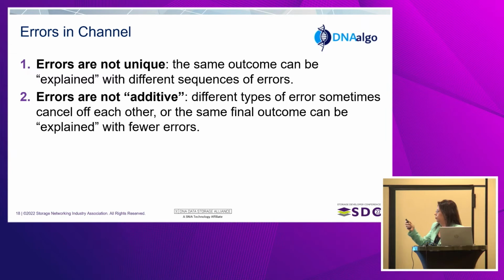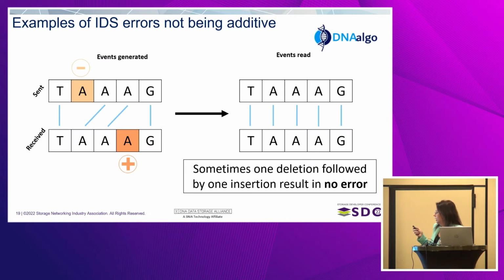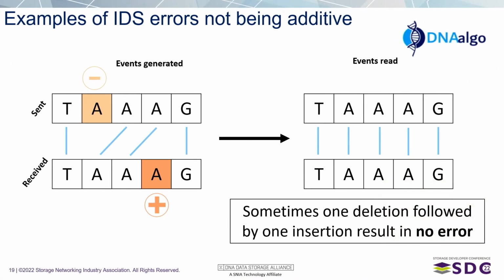Now, I just want to explain these two bullets with some examples. So why do I say that the IDS channel is not additive? Okay, suppose that this is what we want to synthesize, so T, A, and G. And this is what happened.